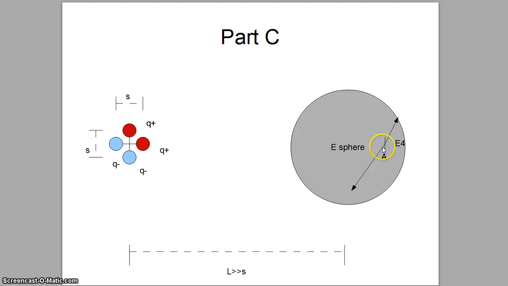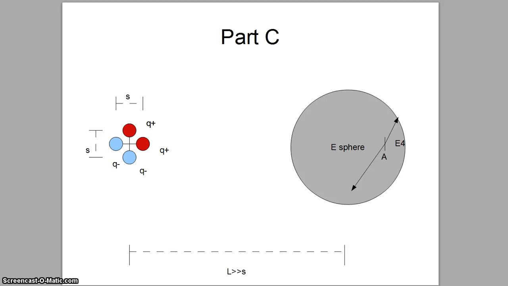Thus, the electric field of the ball is going to be pointing down, and as we stated, we already know the electric field of E4, which is pointing up and out, in the angled direction. The electric field of the ball is pointing down towards these negative charges that are going to be here.